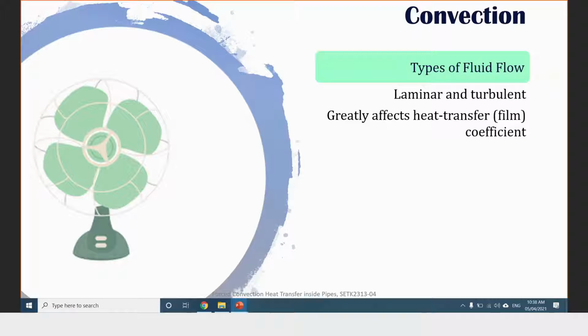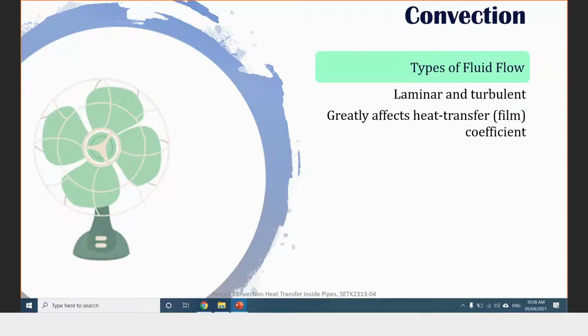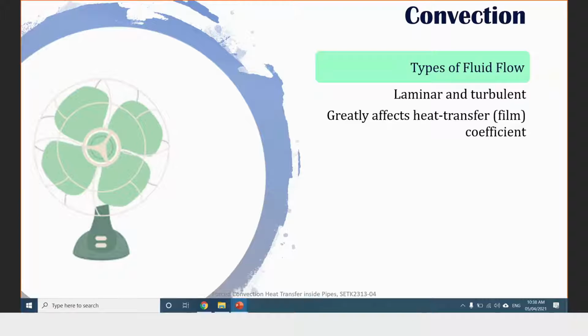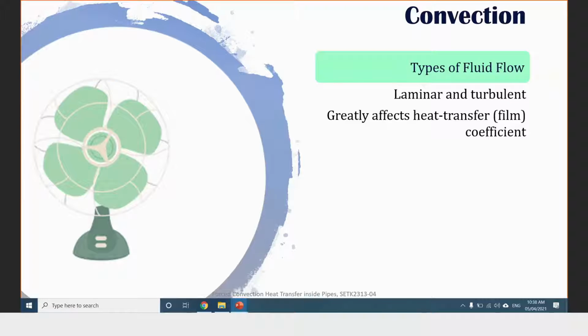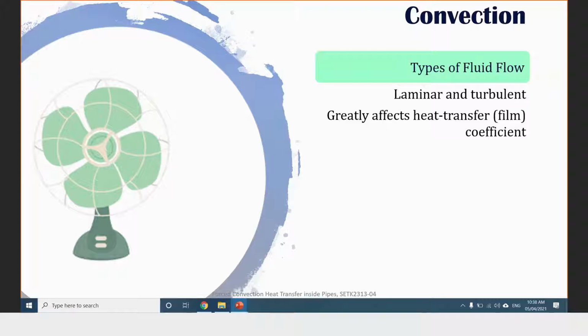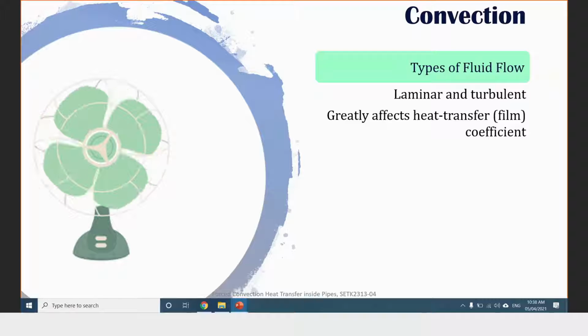Whether the flow is laminar or turbulent, in this case we also call it the film coefficient. Why do we call it the film coefficient? Because the convection we are considering is usually close to a surface, for example the surface of this water bottle.